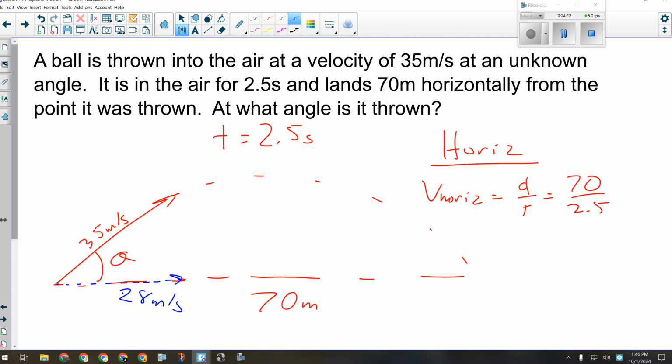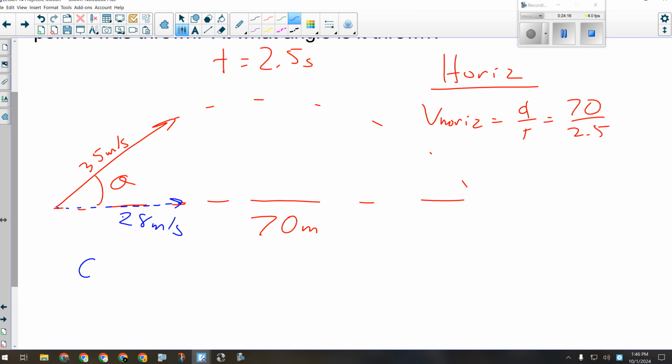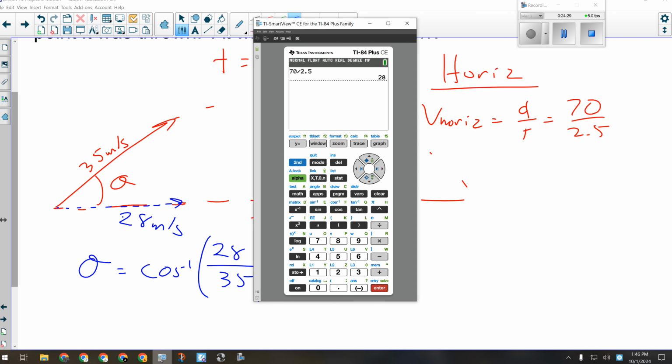Yeah, because I know the adjacent side and the hypotenuse. So I can find theta by going inverse cos of the adjacent side, 28, over the hypotenuse, 35. So it's thrown at 37 degrees above the horizontal.